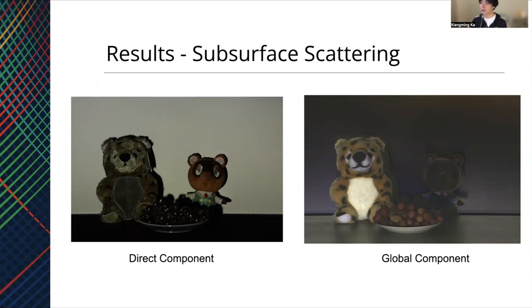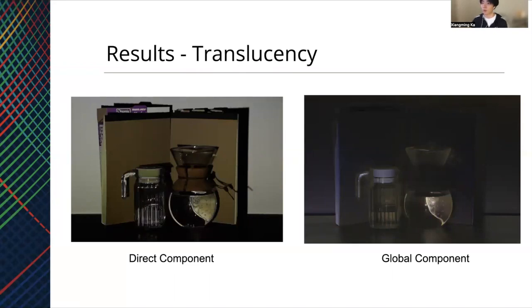And we notice that the appearance of the snub toys and grips is dominated by the subsurface scattering, as we can see from the global image. And as for the translucency, the global image mainly contains refraction and caustic effects due to transparent objects. It also shows volumetric scattering in the glass cup.